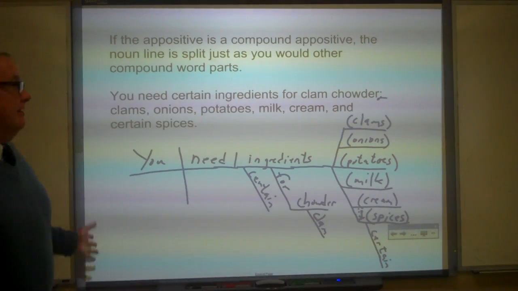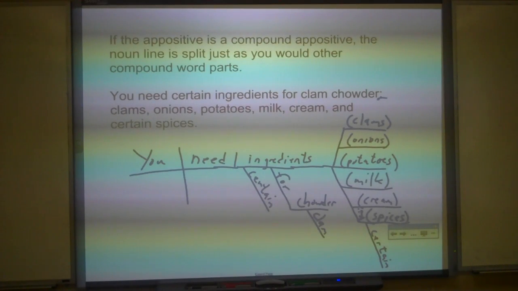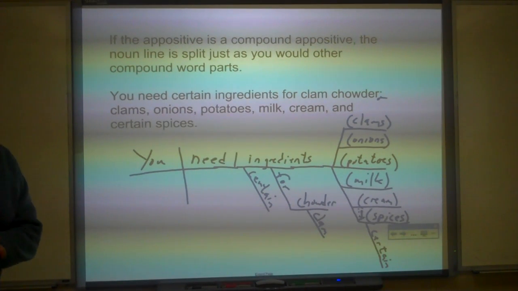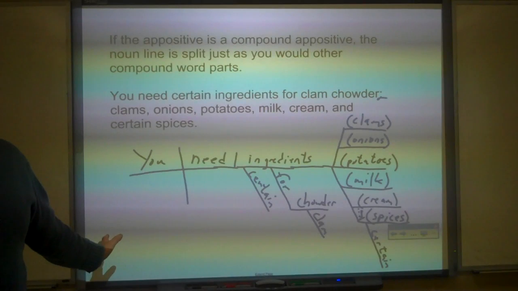Okay, this is pretty extreme, but shows you how it would be done. Take a minute to meditate upon that and maybe copy down an example. If you're including it in your notes, I suppose you could leave out a couple of ingredients for the sake of your notes, although I would not leave out any of the ingredients for the sake of the clam chowder.